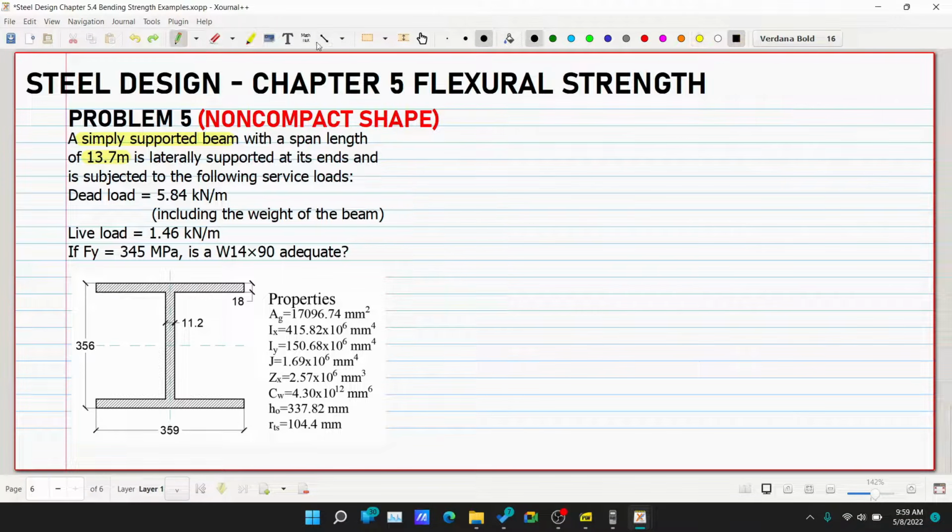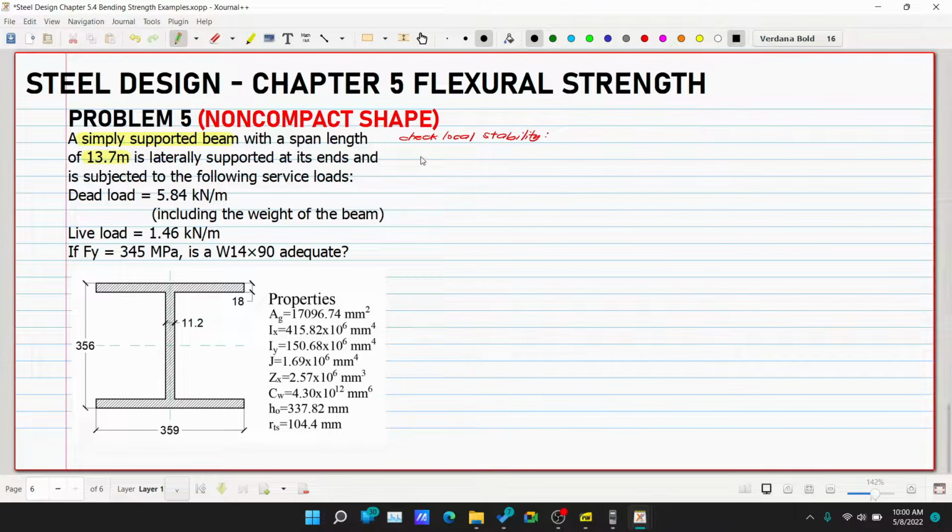But before that, we must check the shape classification of our beam. We can call it local stability, like what we do in compression members.